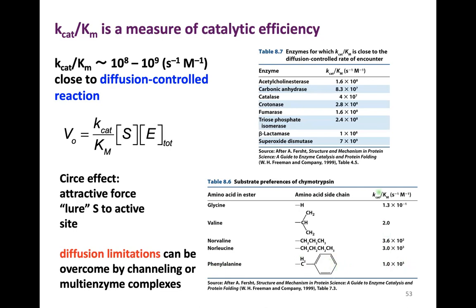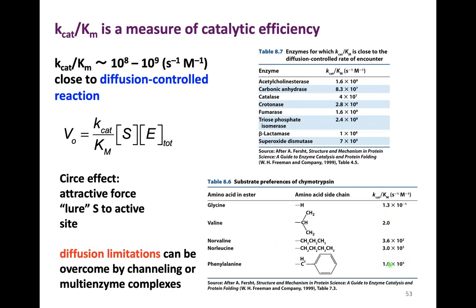So this kcat over Km tells you how effectively that enzyme is working on the substrate that you're asking about. Obviously this is not a diffusion controlled reaction, even in the presence of its natural substrate. Chymotrypsin is not one of those enzymes that is operating at maximum efficiency, the diffusion limited reaction.